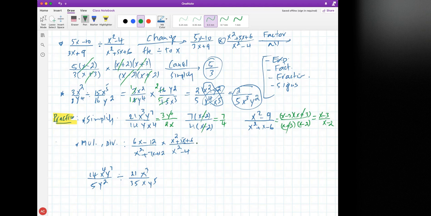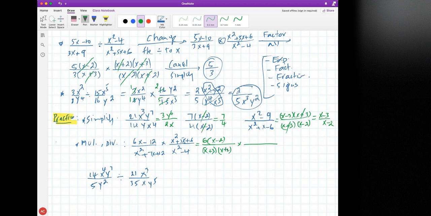What is the first thing we do again? Factoring. Right, so we're going to factor everything as much as possible. This would be 6x minus 2. And this trinomial would be plus 3 plus 4. That's right.